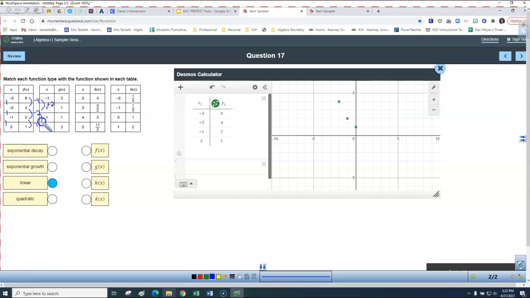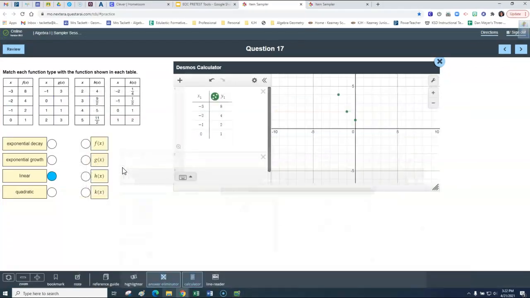Then -2, you get a -1, you add 1 to it. So it really is an exponential, okay? Growth or decay, it is decay. So make sure that you understand that, and we'll look at the next one too.